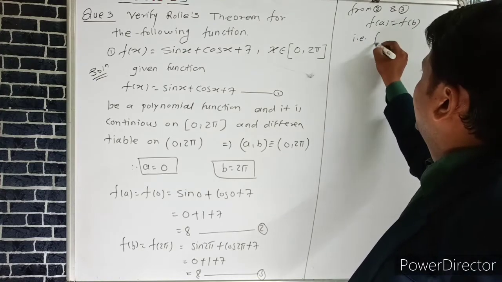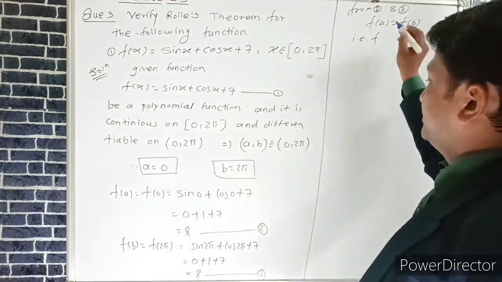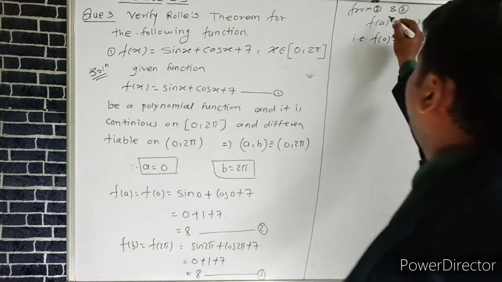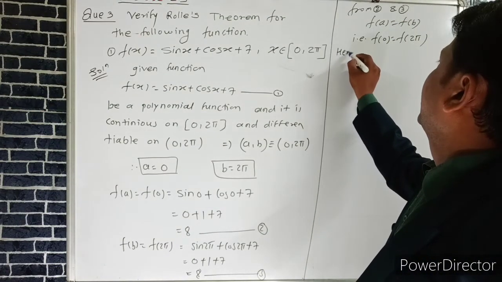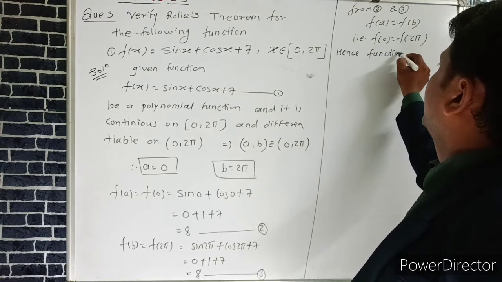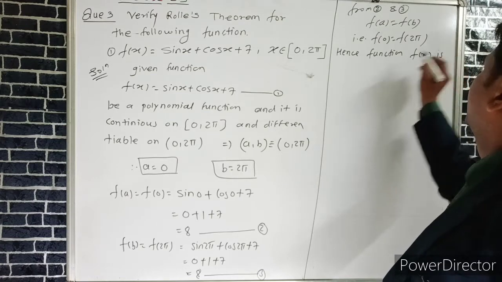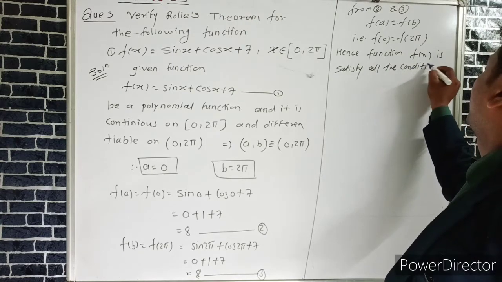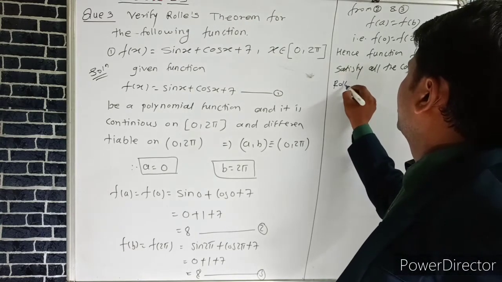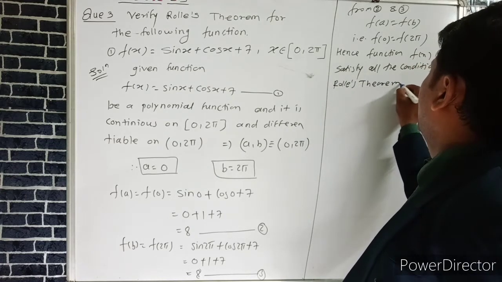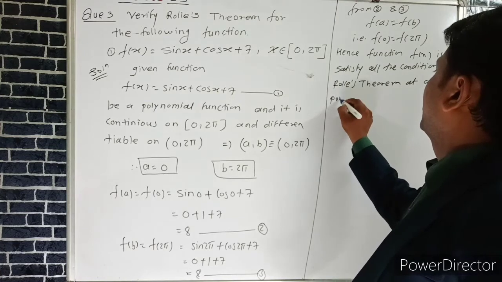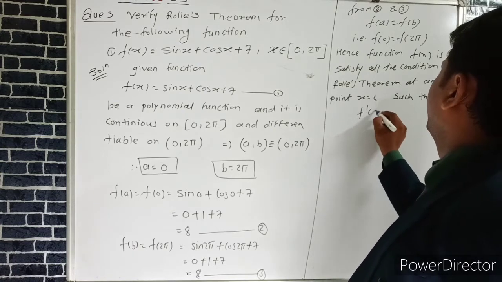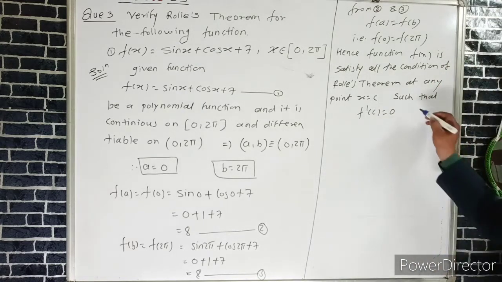That is, we can write f(0) = f(2π). If f(a) equals f(b), then we can say that hence the function f(x) satisfies all the conditions of Rolle's theorem at some point x = c, such that f'(c) = 0, which we call equation number 4.